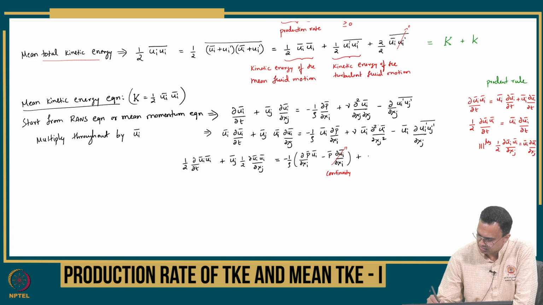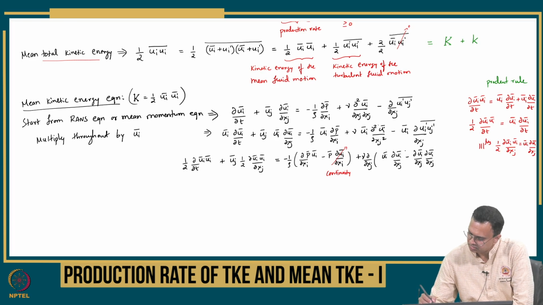So I get dou by dou xj of mu ui bar dou ui bar by dou xj, and then I get minus nu dou ui bar by dou xj dou ui bar by dou xj.